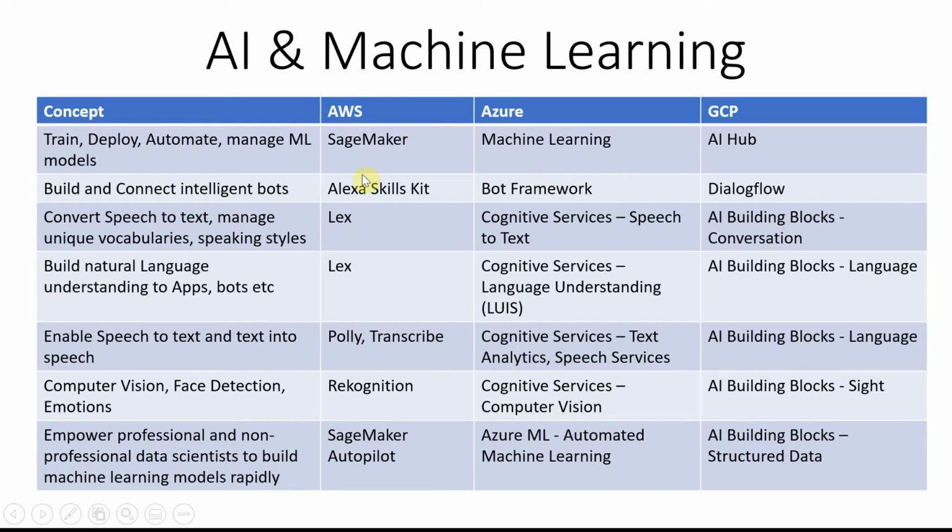But the AI and machine learning space is quite broad, so it depends. Especially on this side, we need to pick an area. Of course, if you're an expert, you can be involved in all, but generally it depends on the area that you work in.